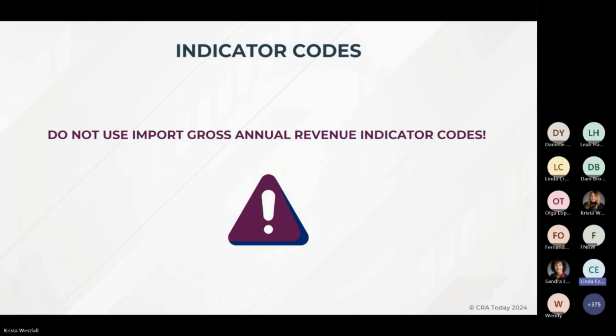Because at the end of the day, we have to make sure those indicator codes can withstand examiner scrutiny in a data integrity exam. I would recommend not importing them, but if you are sure from a process standpoint with your line, then you may. I recommend that we do not, so that we're in the practice of identifying gross annual revenue based on what regulatory provision we are complying with at the time.